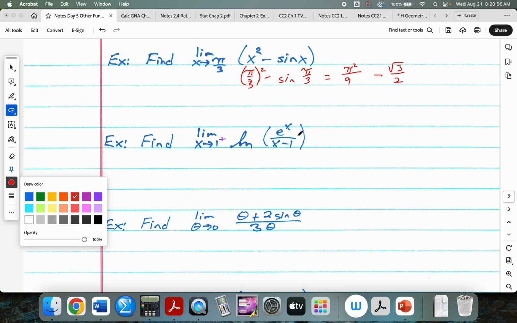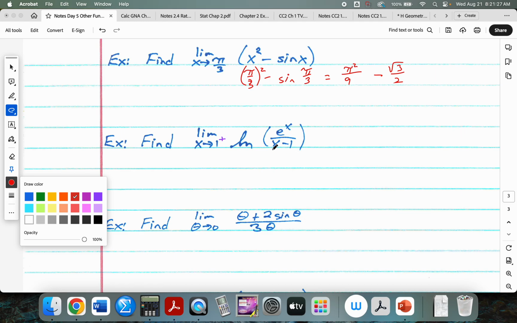Don't think about it at all. What does it go to? 0? No. 2.7? Well, close. It goes to e. E to the first is e. As x goes to 1 from the right, the denominator is getting close to what? 0.